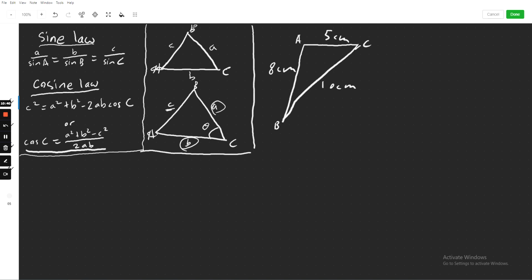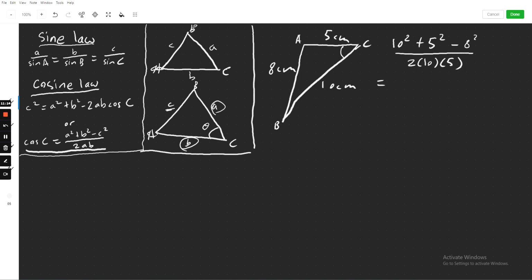So first things first, we plug this in. Let's say we're finding angle measure C. So we have 10 squared plus 5 squared minus 8 squared, divided by 2AB.